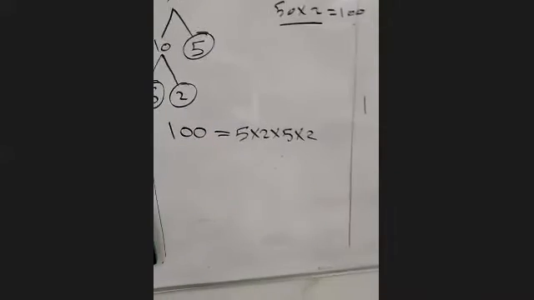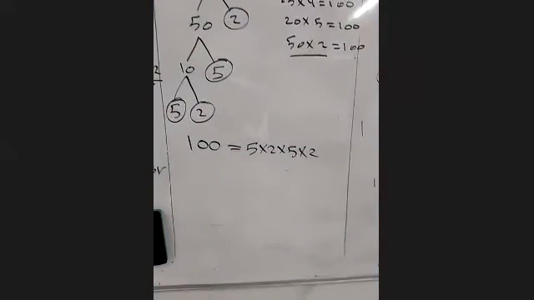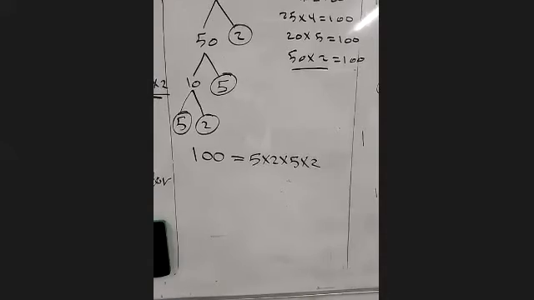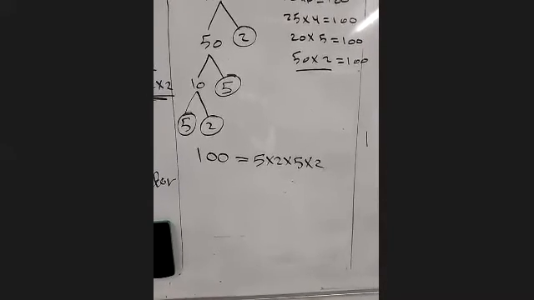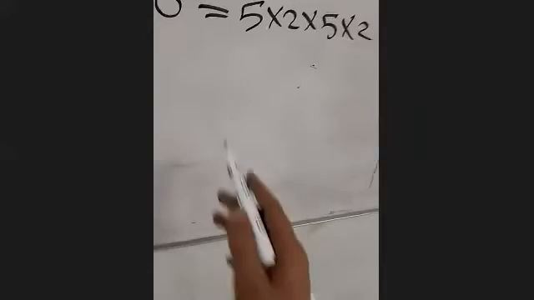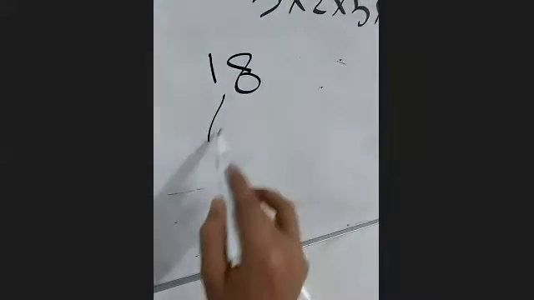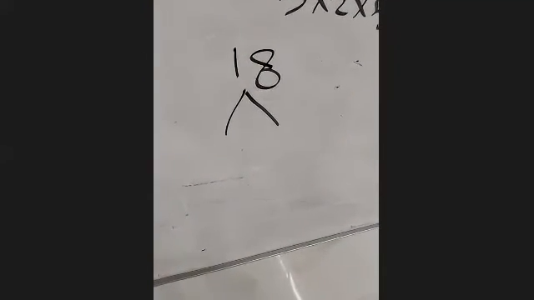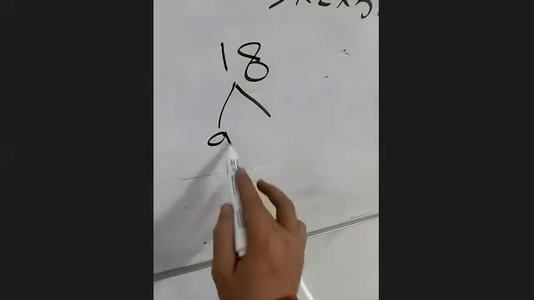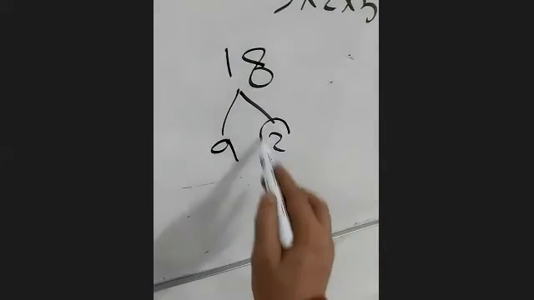Shukri. Teacher, is it all the odd numbers we put circles on? Like if we see an odd number, we put a circle? No. Look at 18. Give me two numbers. If you multiply them, you get 18. 9 by 2.